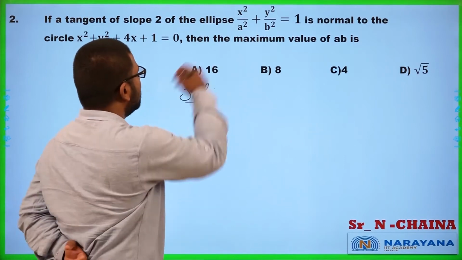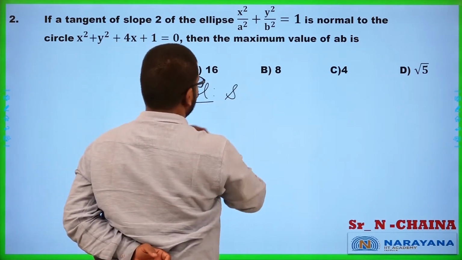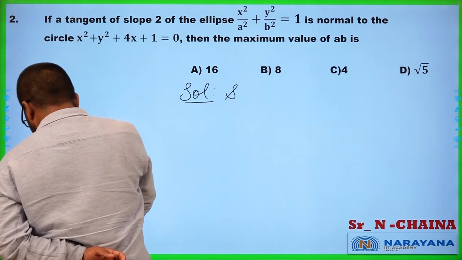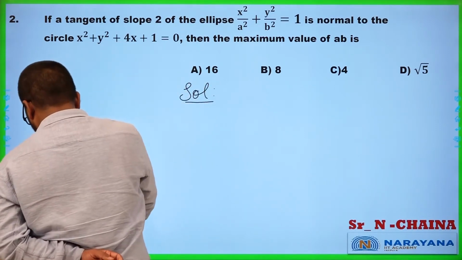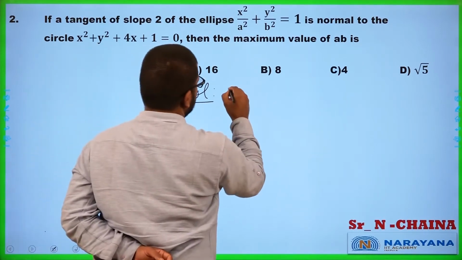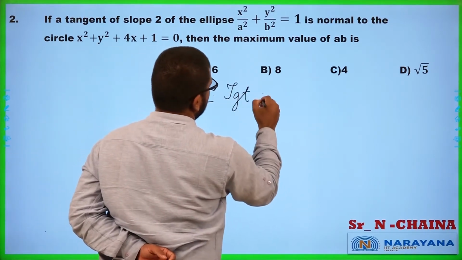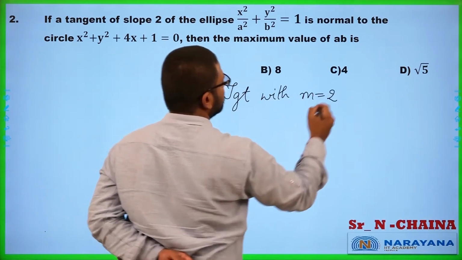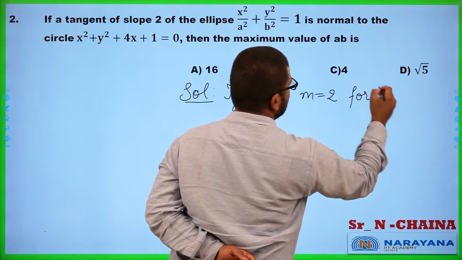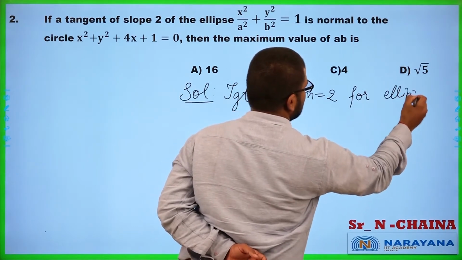Alright, so let us write any tangent of that slope, right? So tangent with slope m equal to 2 for the given ellipse, what will be its equation?